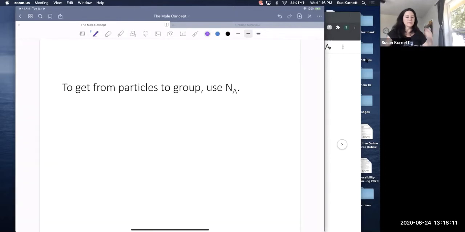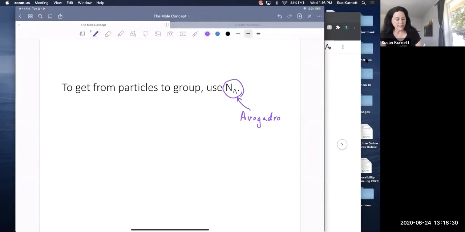All righty. So to get from particles to a group, we're going to use this number, and this number is called N A, and the A stands for Avogadro, who is the scientist that is credited with coming up with this grouping.